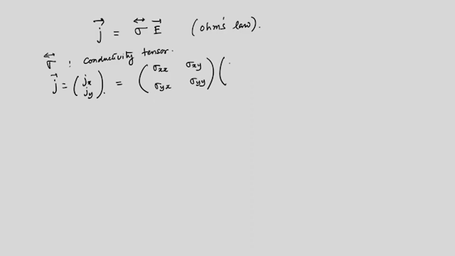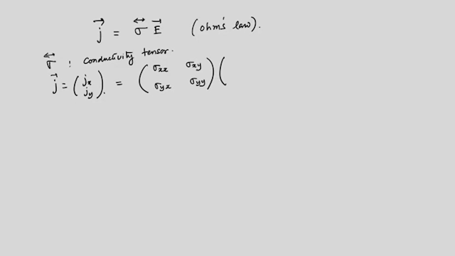In fact, they differ by a sign, and I'll give you a proof of why, in two-dimensional electrons subjected to a perpendicular magnetic field, the conductivity tensor or the resistivity tensor has to be antisymmetric, which means sigma xy is equal to minus sigma yx. And this is a very typical property of electrons in a magnetic field. This is multiplied by Ex and Ey.